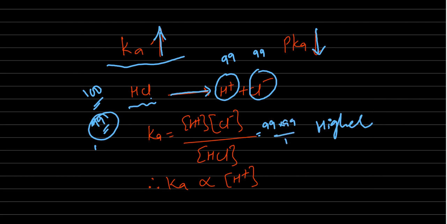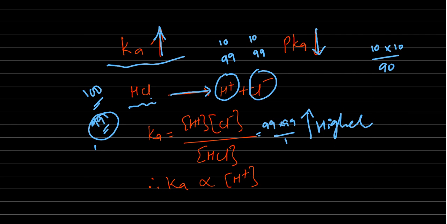So here the Ka value is maximum. Suppose case 2, only 10 dissociated, right? So 10 into 10 upon how many are there? 90 is there.